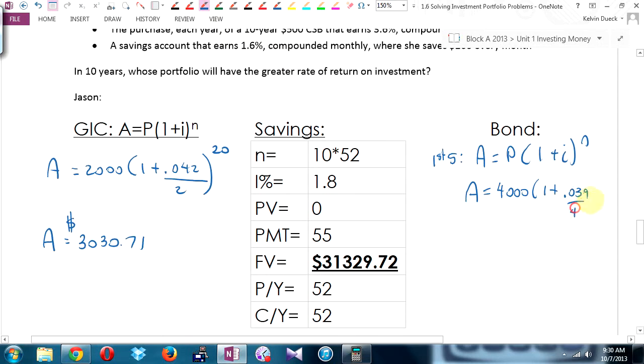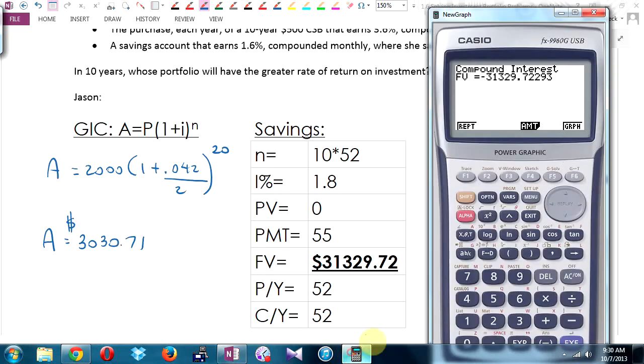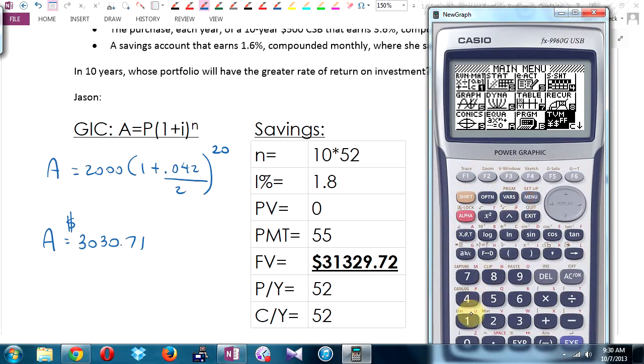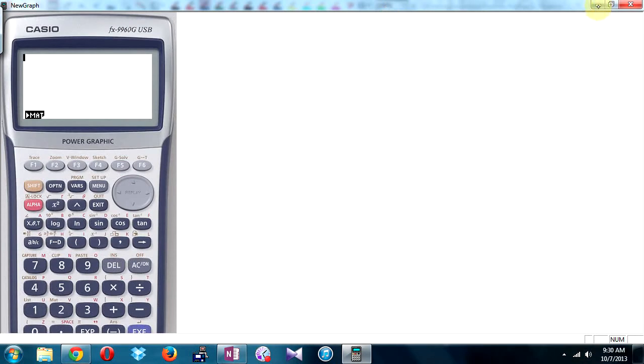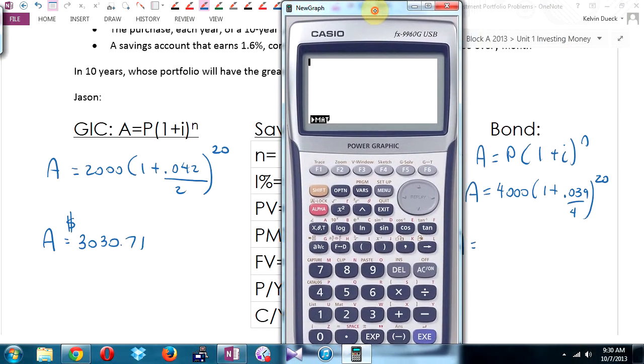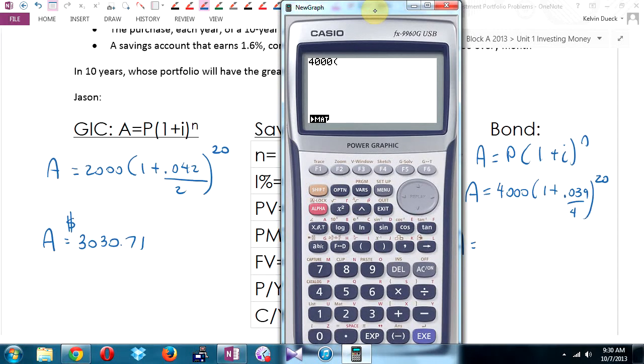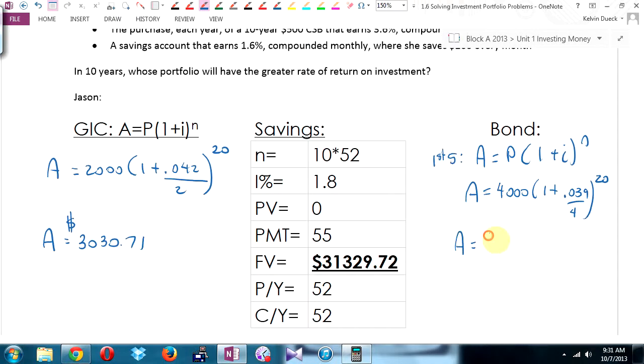So divide by 4, and it's 5 years times 4, so it's going to be to the 20th power. 4,000 bracket 1 plus 0.039 divided by 4 to the power of 20. So he'll have 4,856.65.